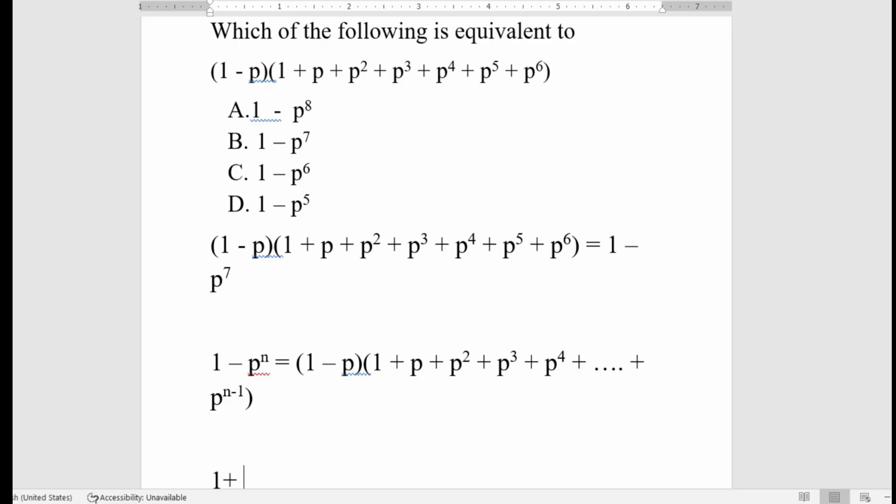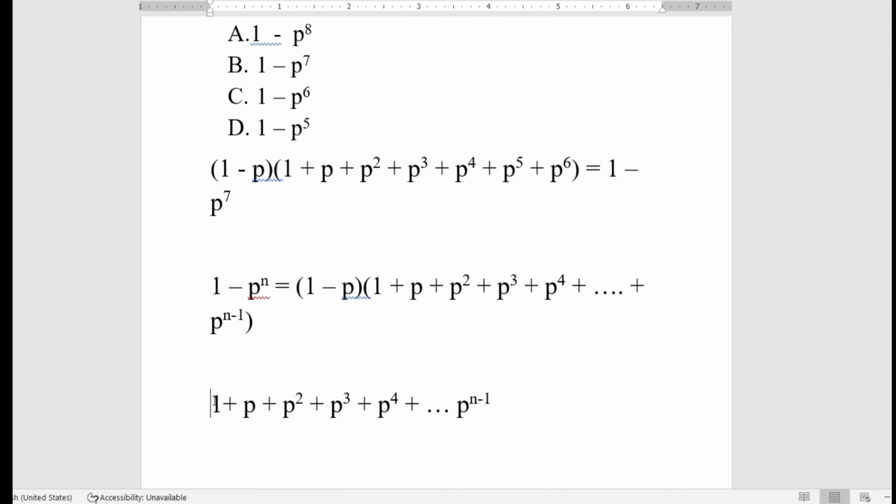Okay, now we have 1 plus b plus b squared plus b to the power of 3, or you can say b to the power of 4, and then b to the power of n minus 1. And I will name this expression s, okay? Then I multiply both sides, left side and right side, by b.